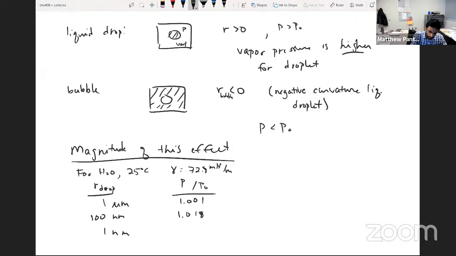And for 1 nanometer, this will be 2.94. So a very large increase in vapor pressure for very small droplets, nanometer size droplets. We can do the same for a bubble, and you'll see it follows the same trend. The math will be the same.